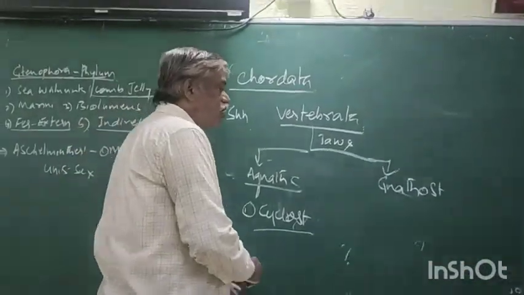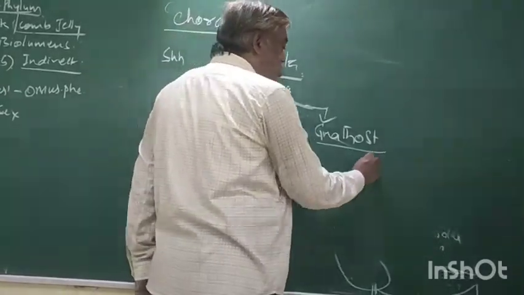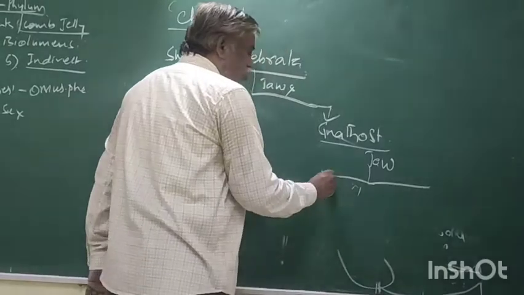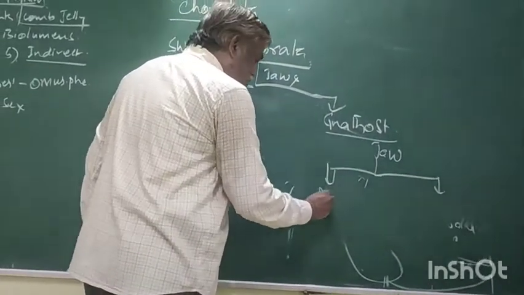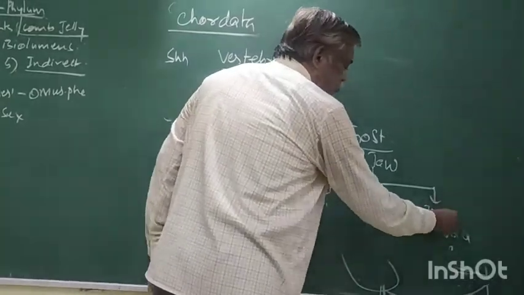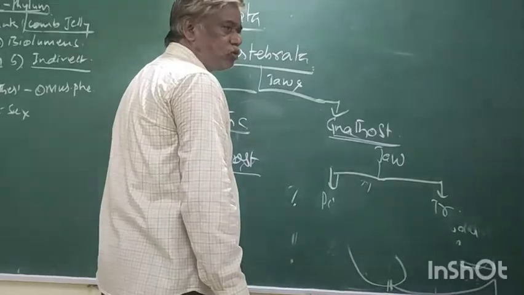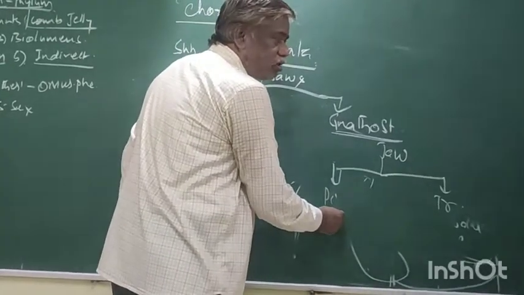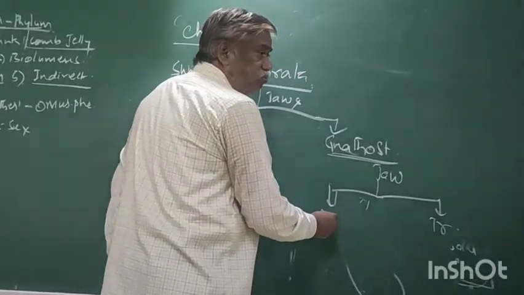Now, gnathostomata is having jaws. It is again classified into two superclasses: Pisces and Tetrapoda. In gnathostomata, if the locomotion is by fins, paired or unpaired, whatever it may be, it is called Pisces.